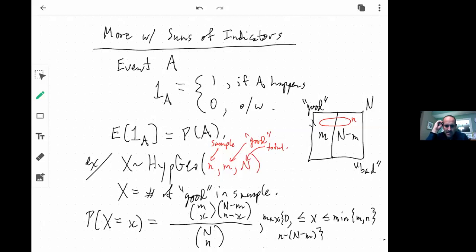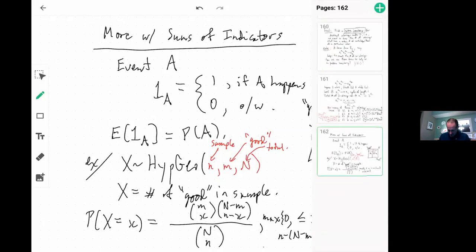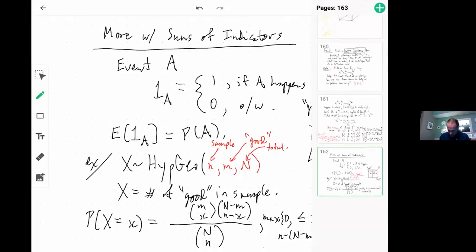And similarly, if n were bigger than N minus m, I would run into problems with that second binomial coefficient as well, getting 0 for some values of x. All right. So moving on, how would I write this thing as a sum of indicators?